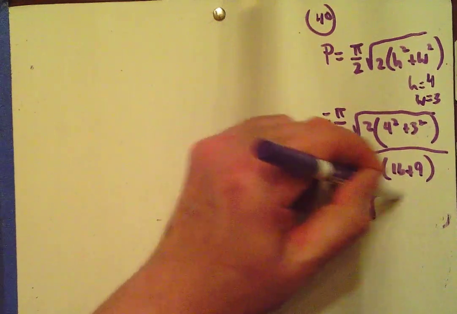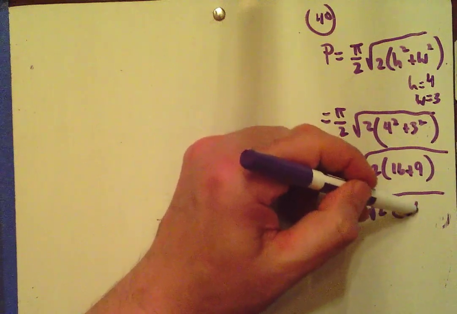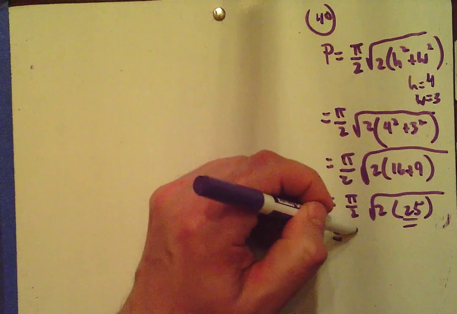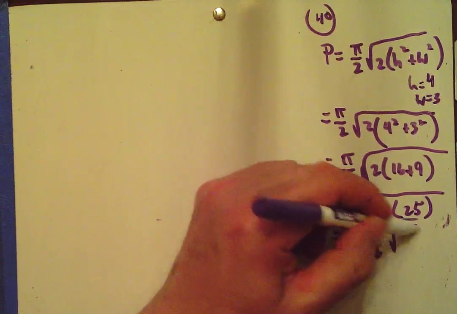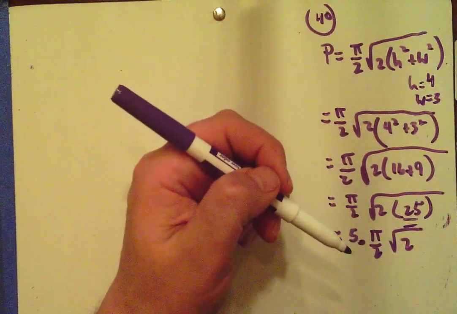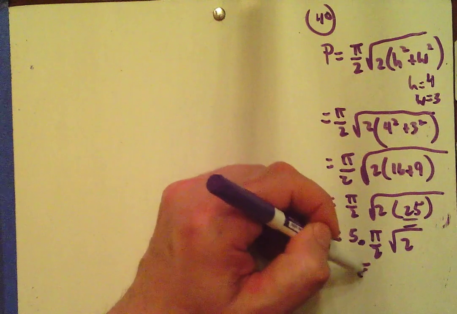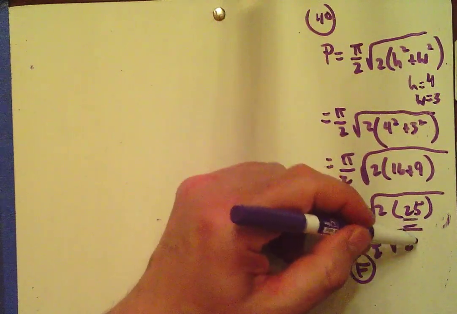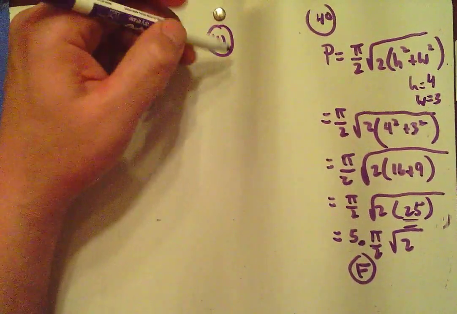So that's pi over 2 times the square root of 2 times 25. Hey, 25 is 5 times 5. So I can pull a 5 out times the pi over 2 that's already there and leave that root 2 alone. And so what am I going to be left with? Well, that's choice F, 5/2 pi root 2.